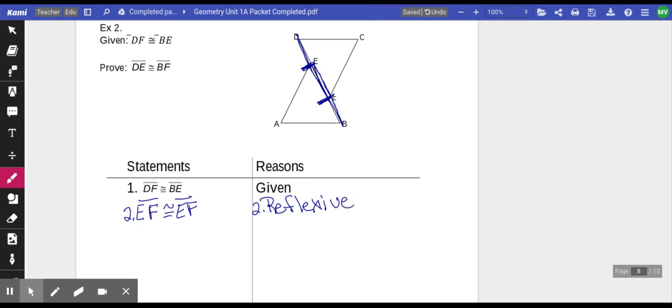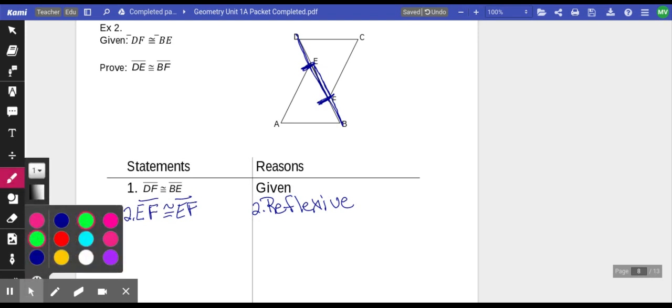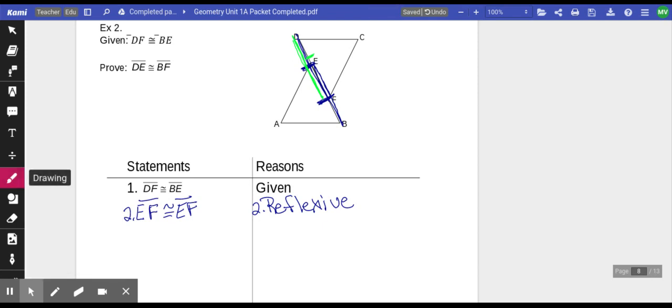Now if I look at this, DF is this green. If I take the green and subtract the overlap, I get DE, which is what I want. So I'm going to do that subtraction. I'm going to say DF minus EF is equal to BE minus EF. And that's subtraction.